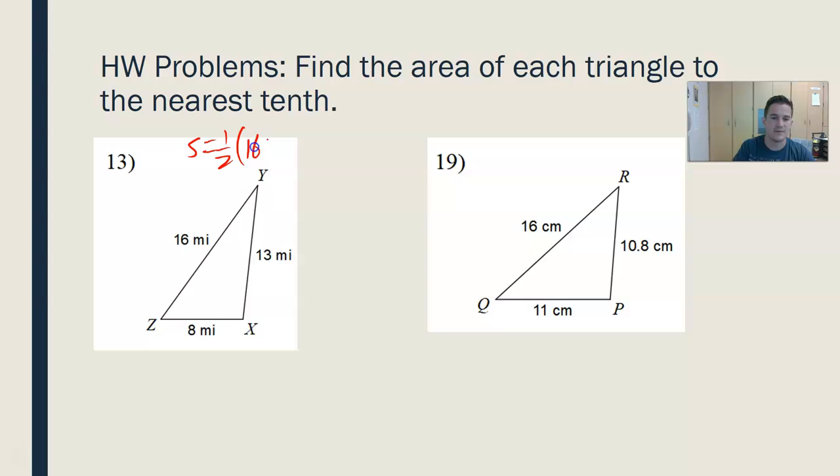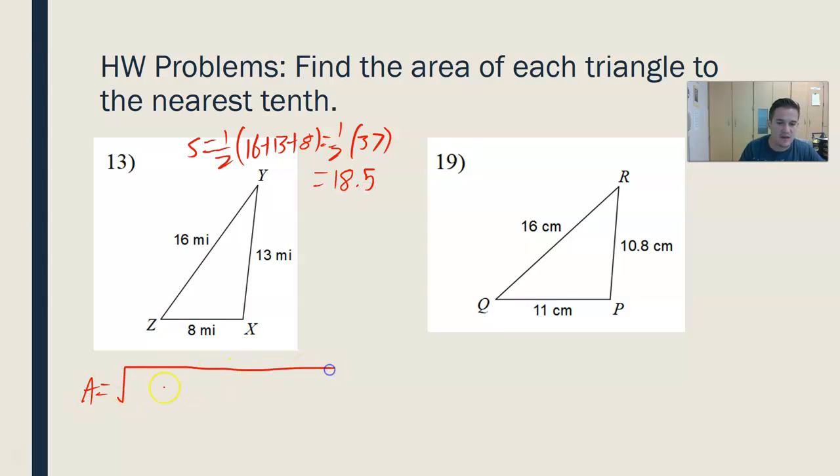So 1/2 times 16 plus 13 plus 8, which is 1/2 times 37. Half of 37 is 18.5. So the area is going to be 18.5 times 18.5 minus 16 times 18.5 minus 13 times 18.5 minus 8.